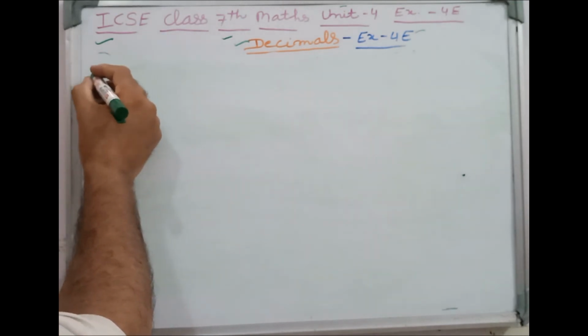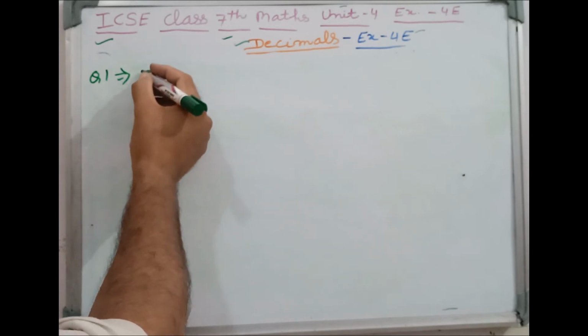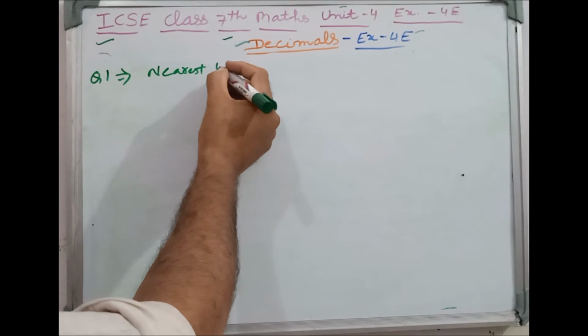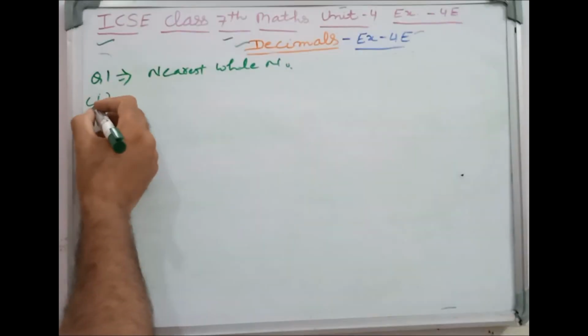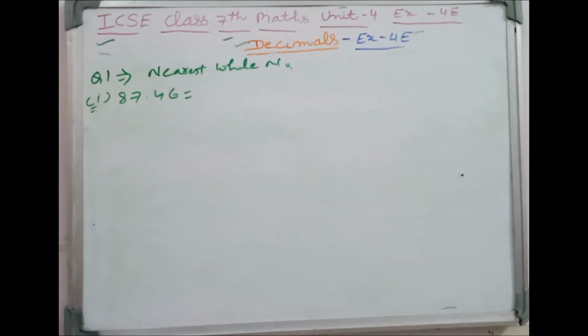Question first of 4E is: round off each of the following to the nearest whole number. Part first is 87.46. Now, as you have understood all the basics, you are not going to face any problem in rounding off. Right, students?